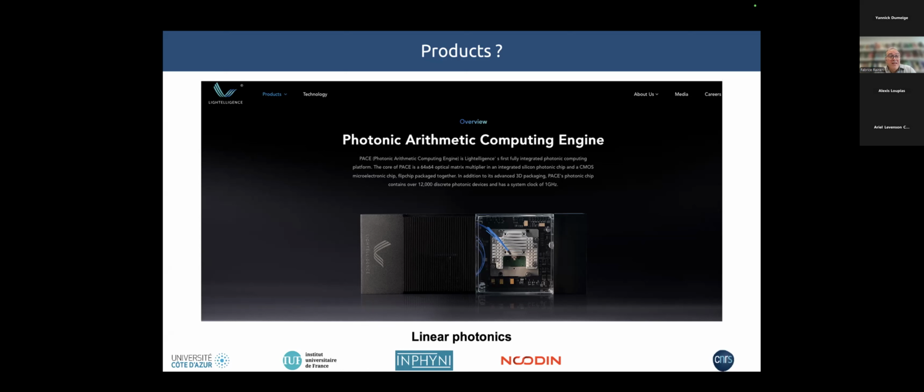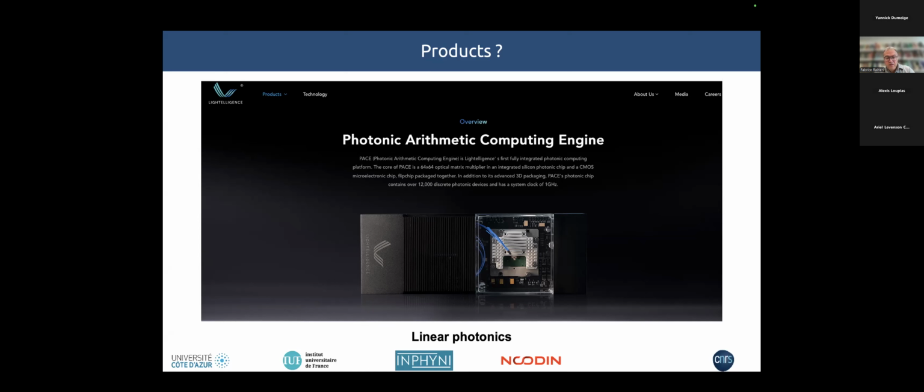But Light Intelligence, which is another American company, sells what they call PACE, this photonic arithmetic computing engine, which is again an optical circuit doing optical matrix multiplication with a silicon chip. And it's really about manipulating data in the optical domain to provide this functionality of matrix multiplication.